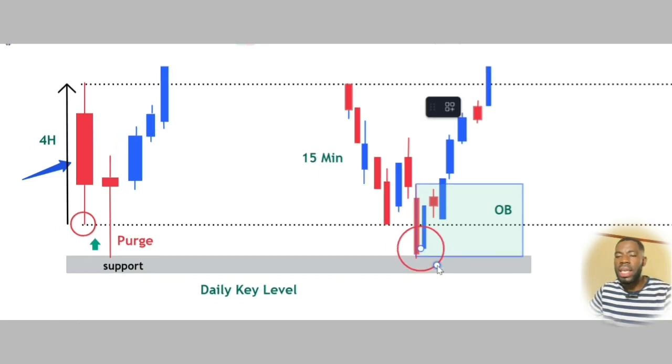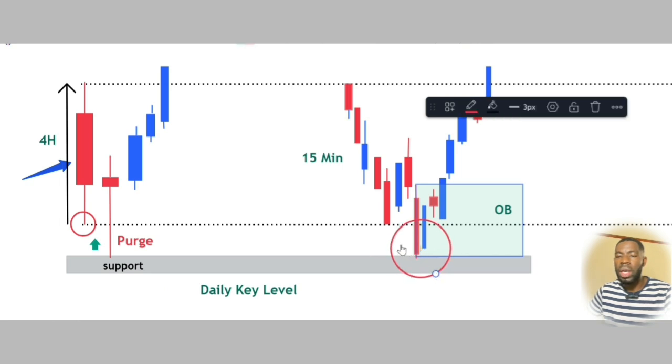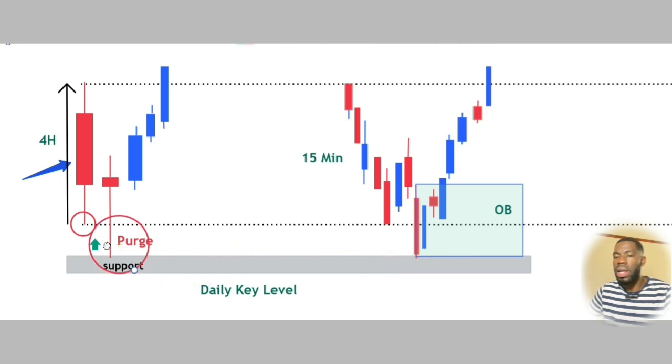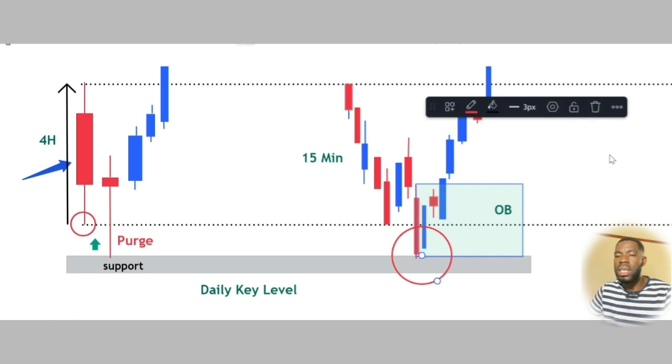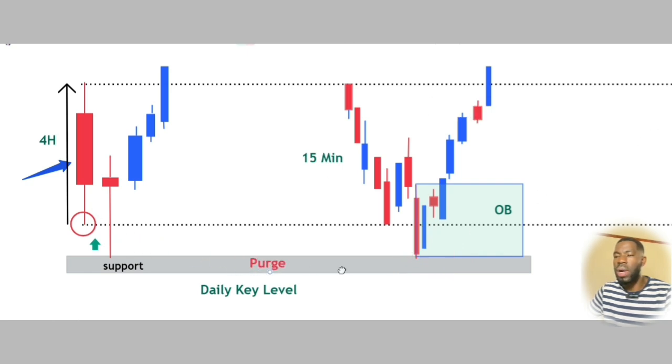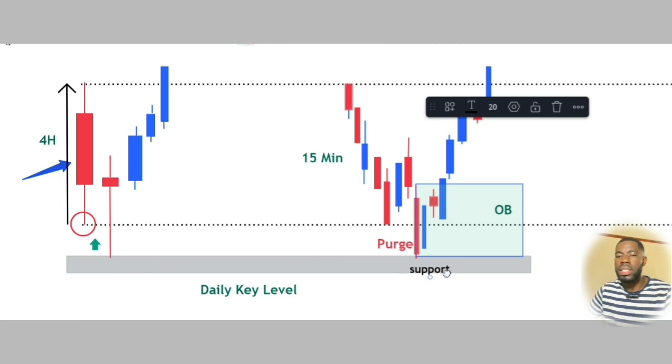This purge here on my lower time frame is exactly what it is here. This translates to this in a lower time frame. So this is our purge, and still this is our support on a lower time frame.